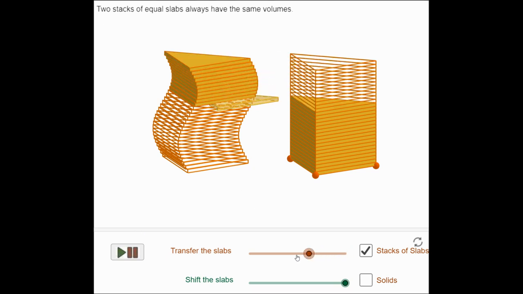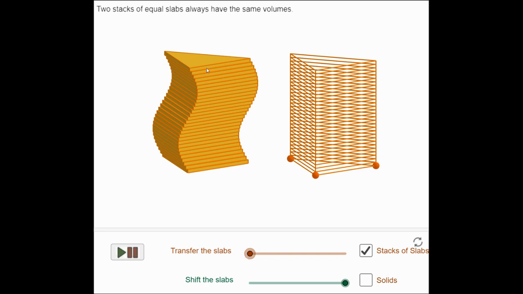But another strategy that we also discussed was, well, I know that if I transfer them out, which is what I'm doing here, both figures are going to have the same solids. Instead of transferring them out like it's going on here, how about we don't do that and just rearrange the original solid?